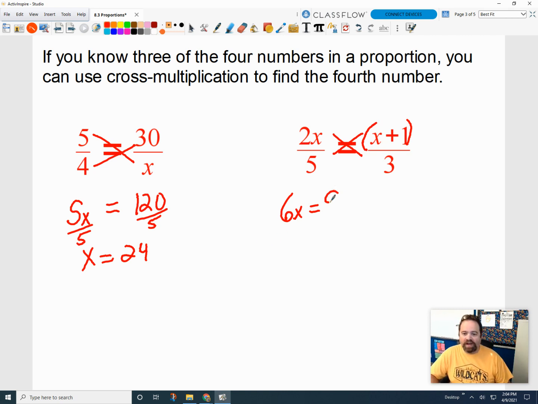So that's going to be 5x plus 5. Whoops. You're combining like terms, so subtract 5x off of 6x. I've got a single x equals 5. Okay, we haven't done an equation like this in a while. We've been spending so much time on polynomials. This will probably be the sticky point where you have to distribute and combine terms and pull back on those skills that we haven't used in a while.